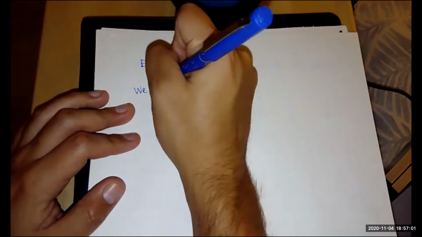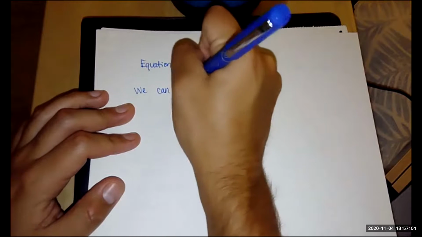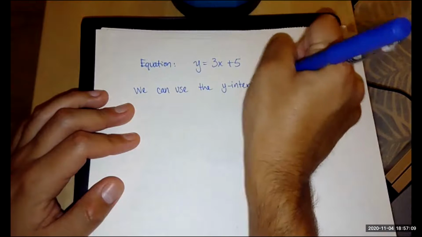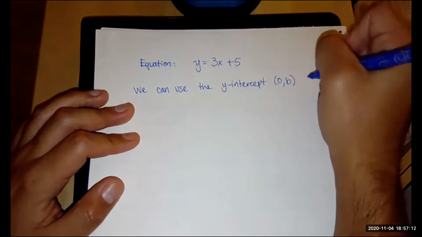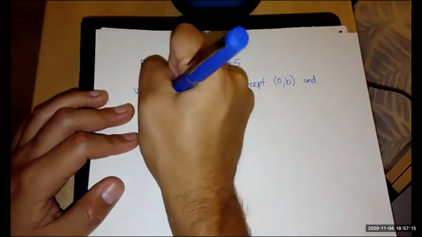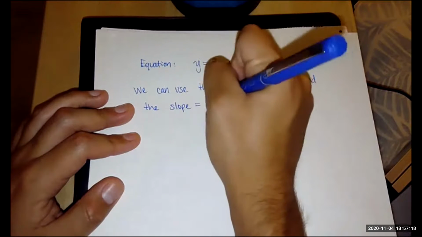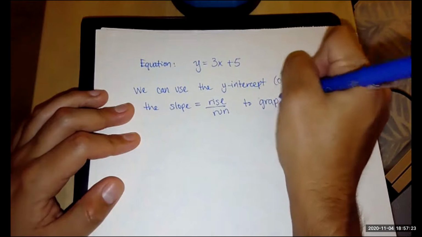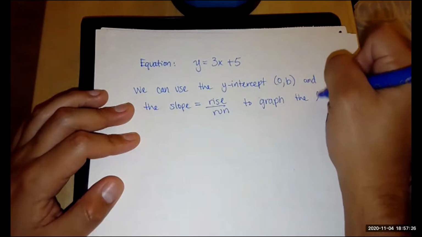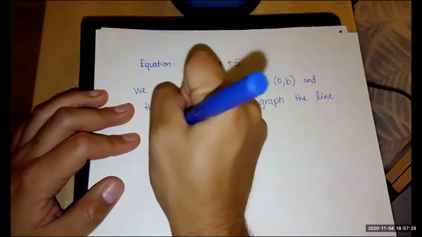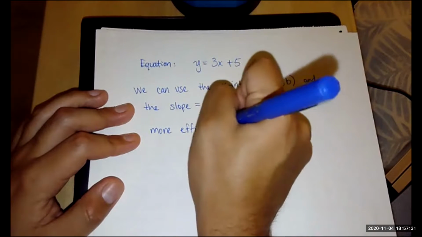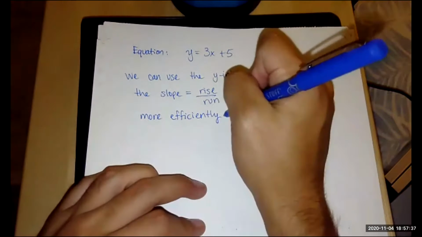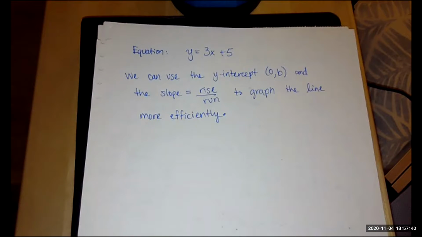And we can use the y-intercept and the slope, which is the same thing as rise over run, to graph the line more efficiently. So we can avoid choosing random x values and plugging them in and solving to get the y values and then plotting the points.